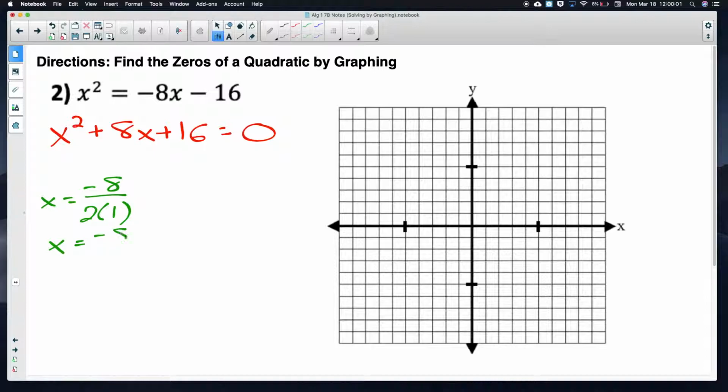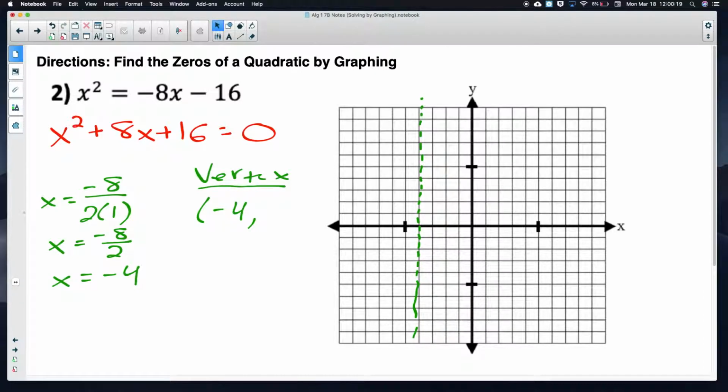So I get x equals negative 8 divided by 2. I get x equals negative 4. So when I look at my vertex, I know that the x coordinate is going to be negative 4. And I can plot that axis of symmetry on my graph. So now I just got to figure out what happens when I plug in negative 4 into my function.